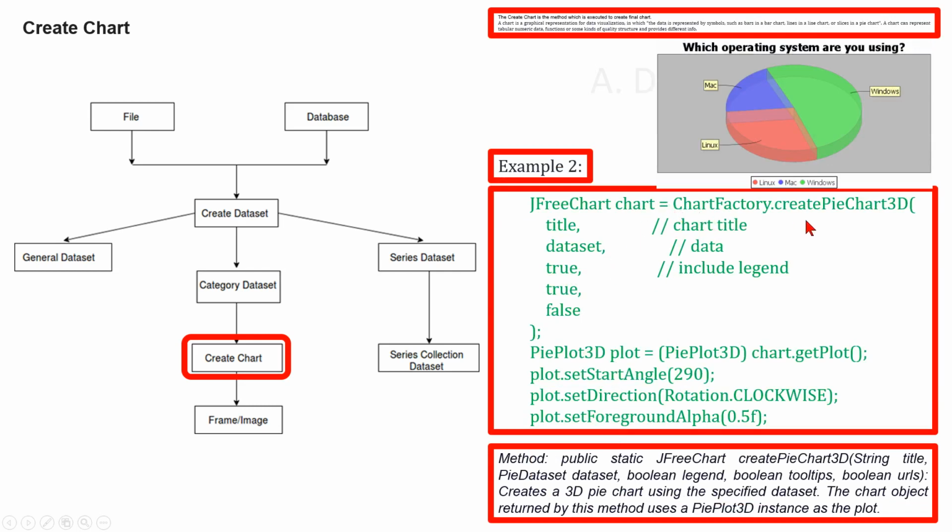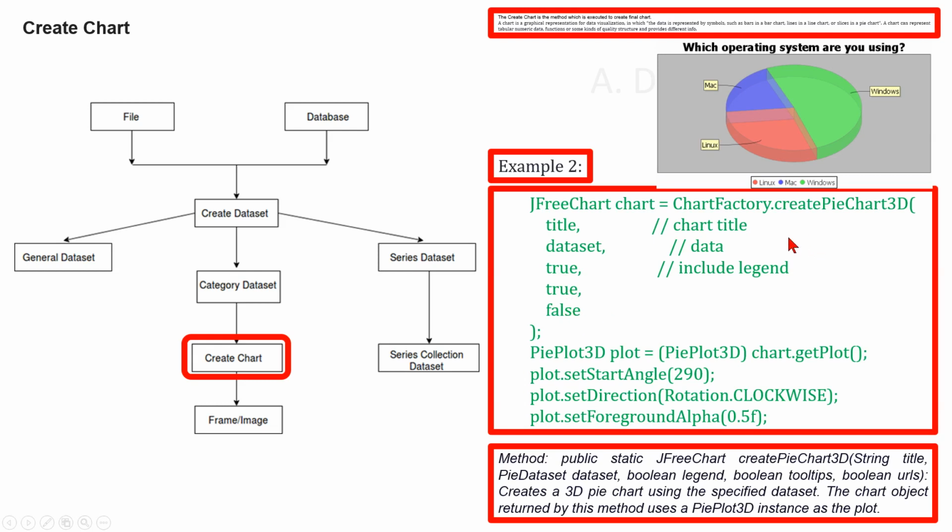Here the method public static JFreeChart createPieChart3D(String title, PieDataset dataset, boolean legend, boolean tooltips, boolean urls).